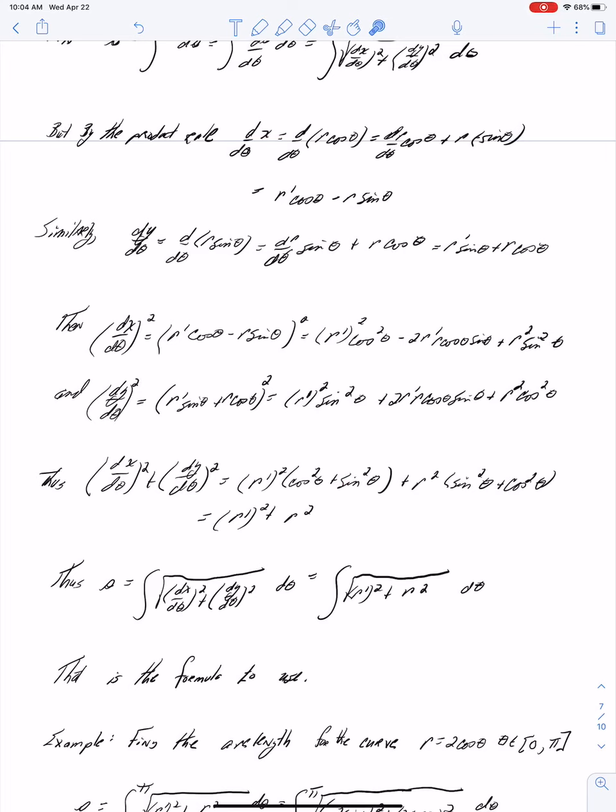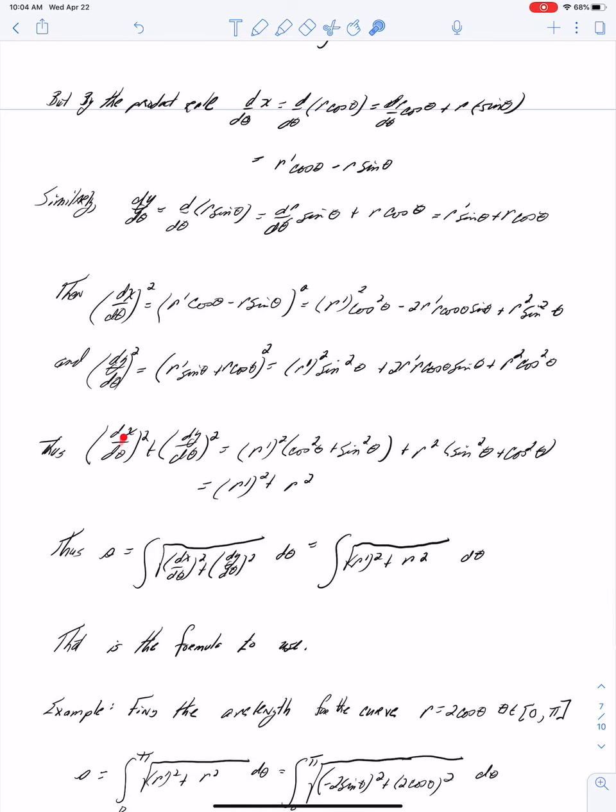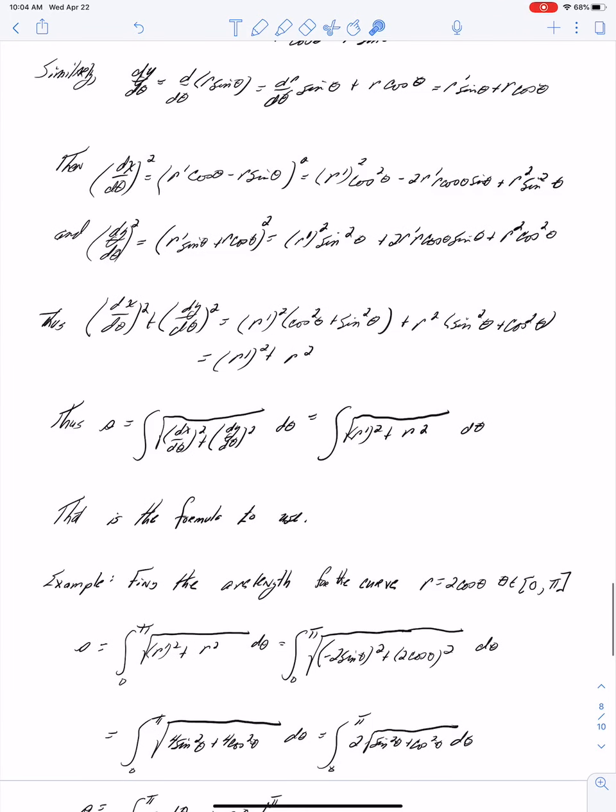And then if I factor out an r squared, I get r squared times sine squared theta plus cosine squared theta. Again, that's just 1. So (dx/d theta) squared plus (dy/d theta) squared simply is r prime squared plus r squared. Now, isn't that nice?